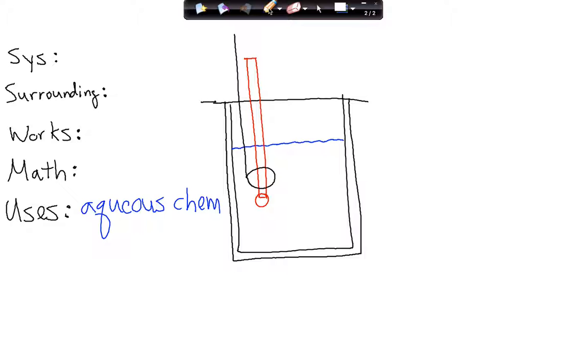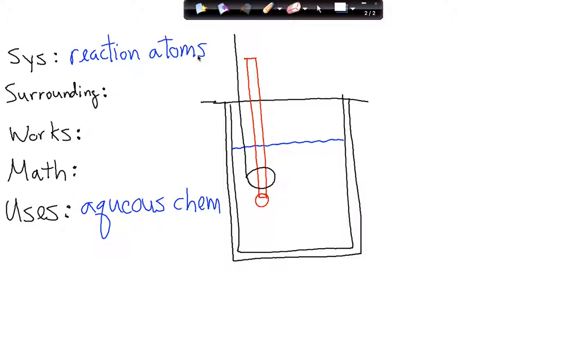System is this. That's it. Coffee cup calorimeter, guys, your system is simply the atoms that are doing the reacting. End of story.